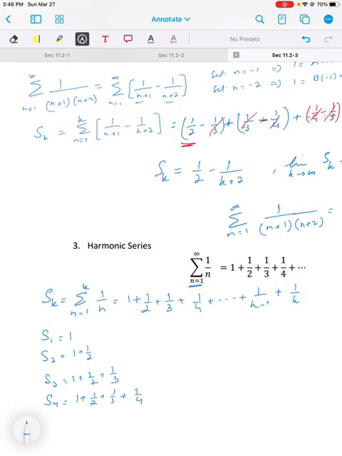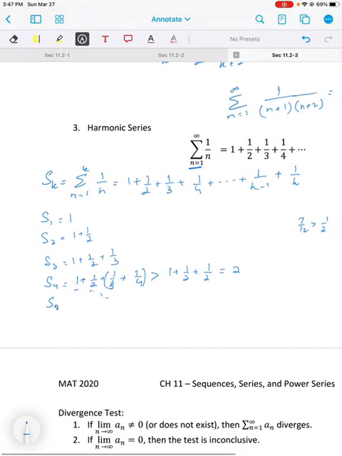We notice that this number is going to be bigger than 1 plus 1/2 plus 1/2. Okay, and why are we doing that? Well, the first two are the same, right? 1 and 1/2. But in place of this one, which is actually going to be 7 over 12, and 7 over 12, remember, is more than 1/2, because 1/2 is 6 over 12, this whole thing is replaced by 1/2. Now this quantity is 2.